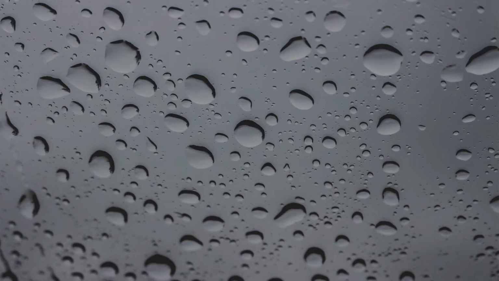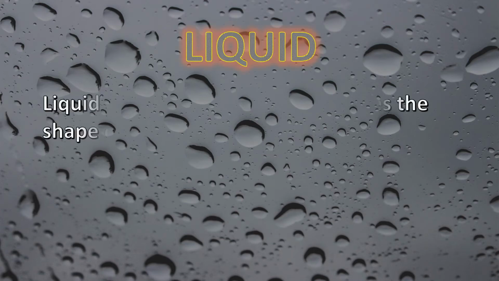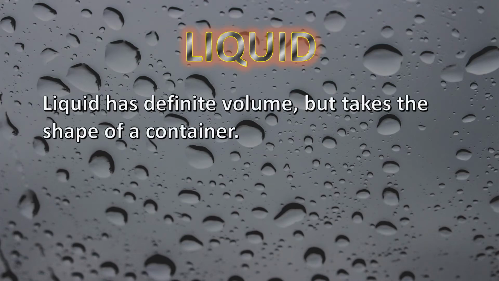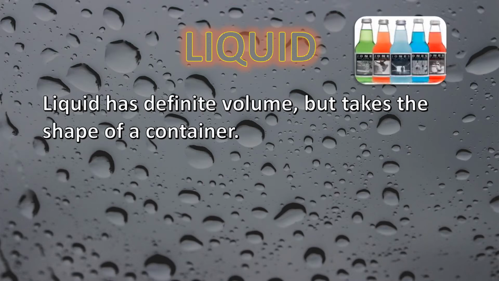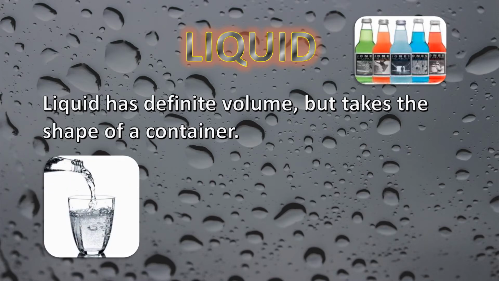Another state of matter is liquid. What is liquid? Liquid has definite volume but takes the shape of a container. For example, soda drinks and a glass of water. Water is life. It is very important. Without water, all living things will die.